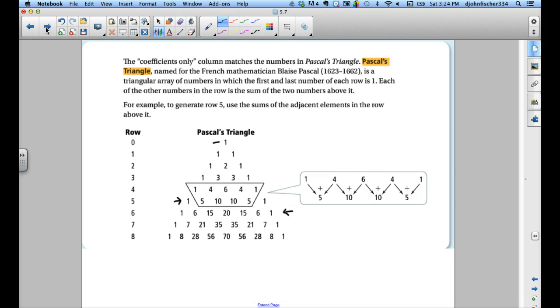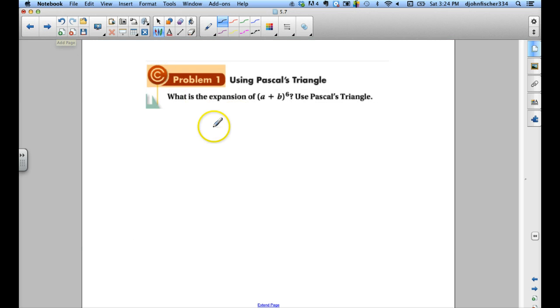I'm going to get back to my problem here. What we do is, I always go like this. I go blank, and start with the first one, a to the 6. Plus blank, go down with the first one, up with the second one. And notice I did not put b to the 0 in there. Plus blank, a to the 4th, b to the 2nd.